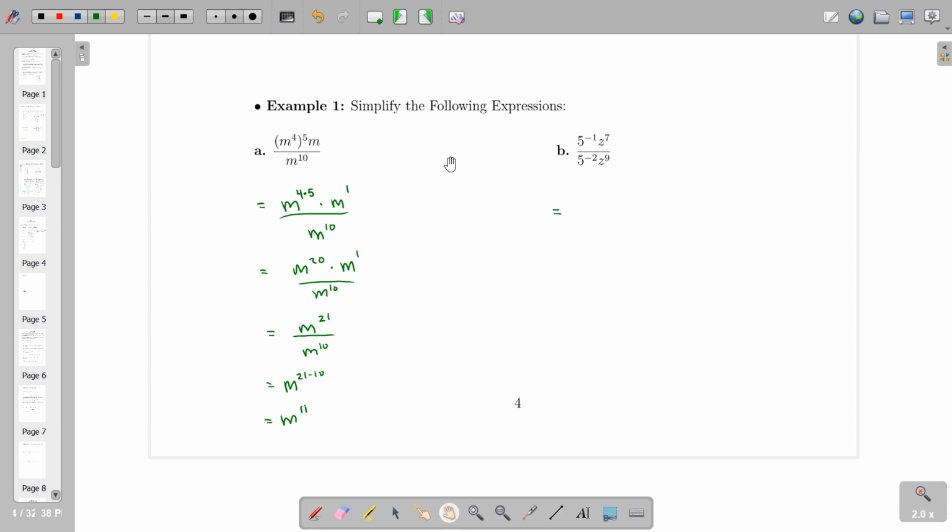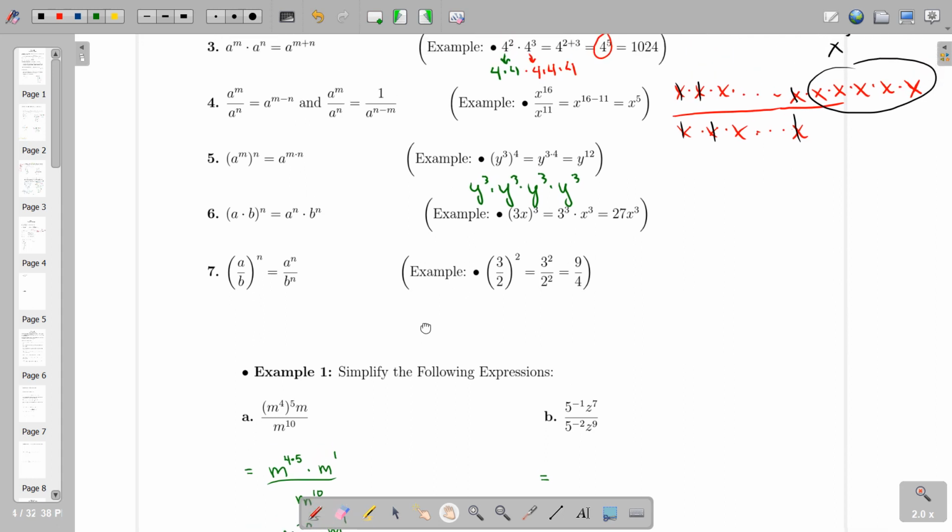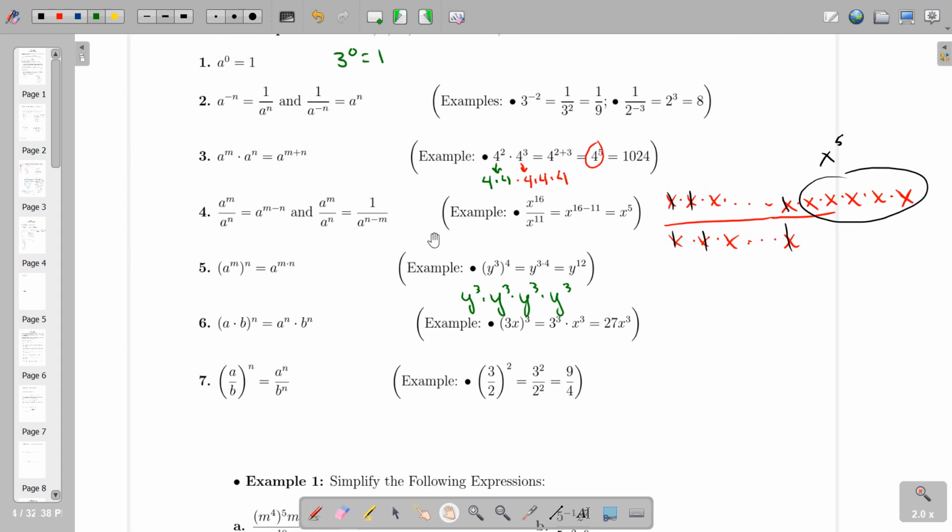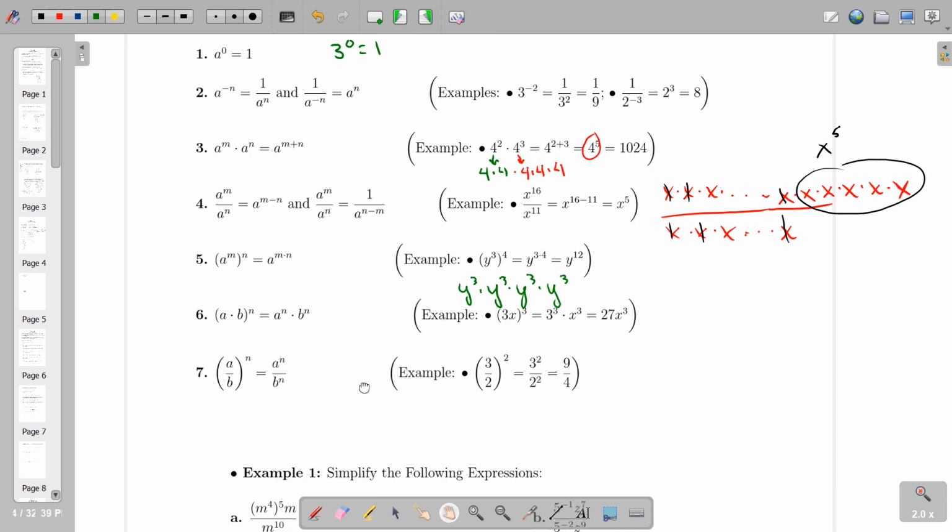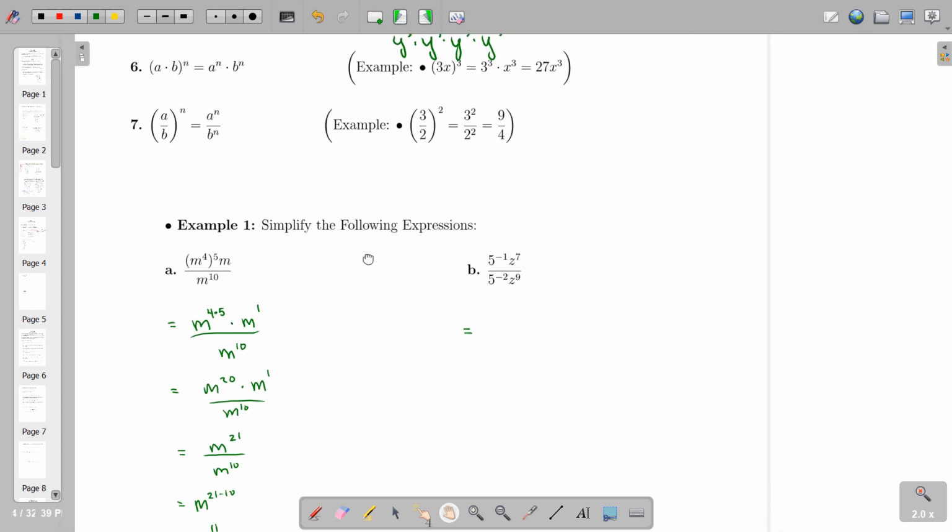It just cuts down on the work you have to do. If I go back up here, notice that you can either say that a to the m over a to the n is a to the m minus n, or you could go the other direction and bring the a to the m down in the bottom of the fraction and subtract the other way. So we have either of those choices at our disposal.